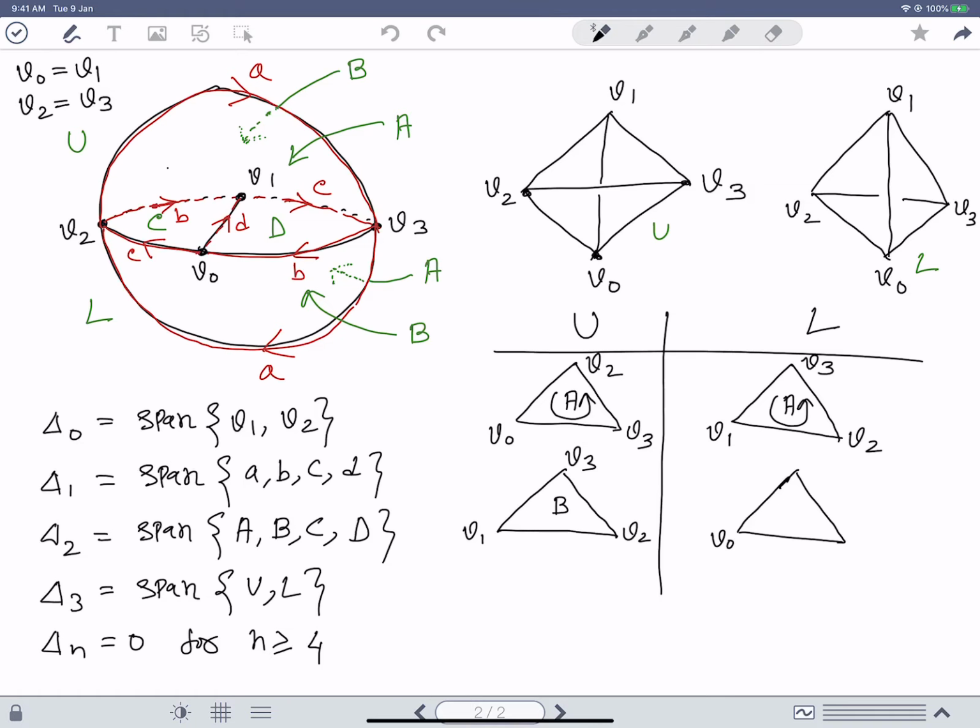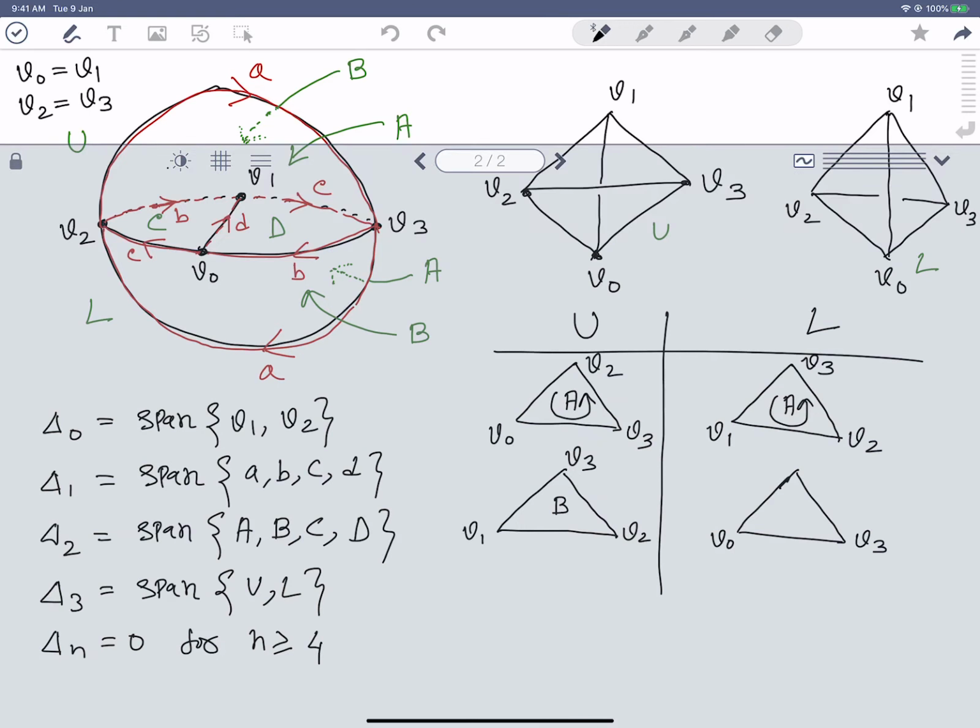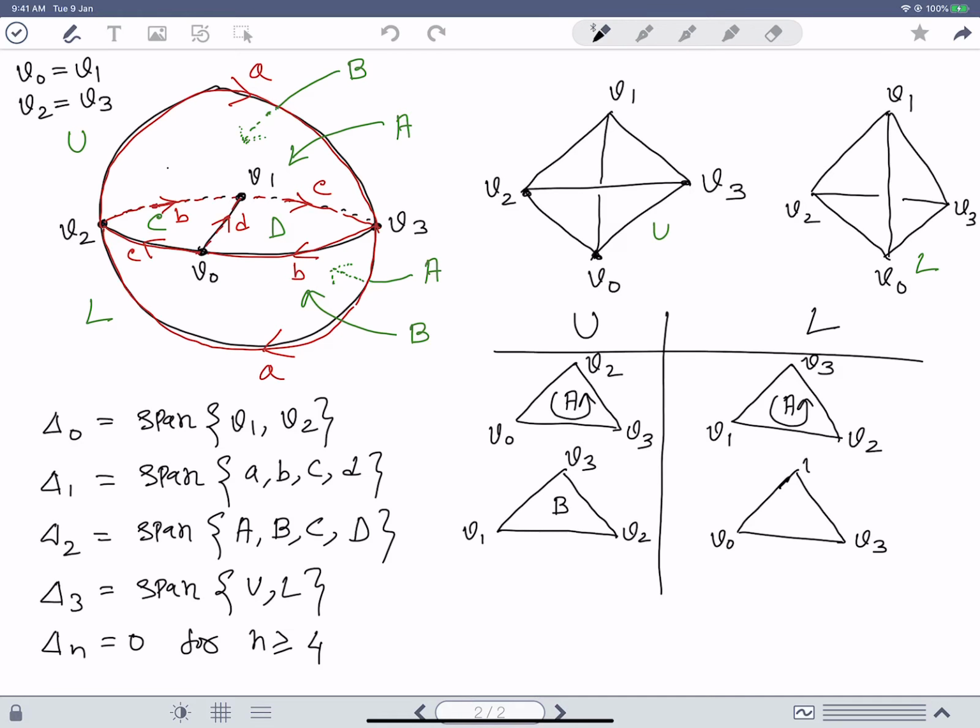V2 is identified with V3 in L, and V3 of U is identified with V2 in L. Now here also we choose this direction, and that means we have to stick with this direction in L.